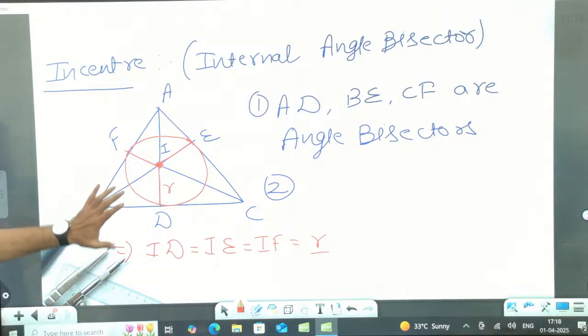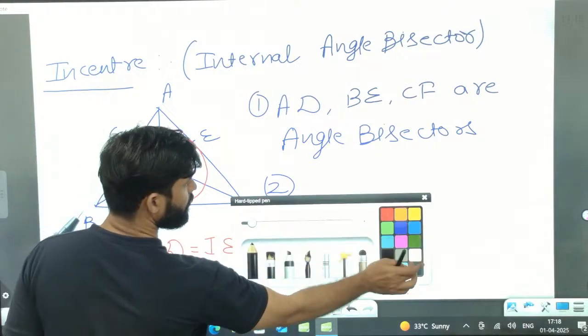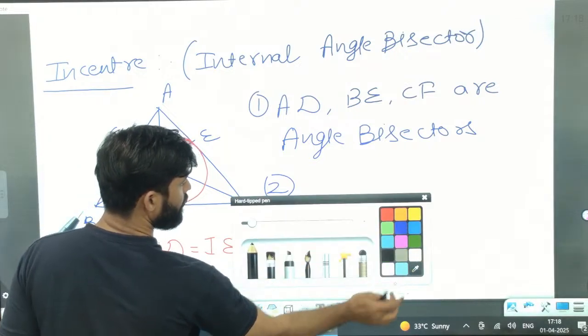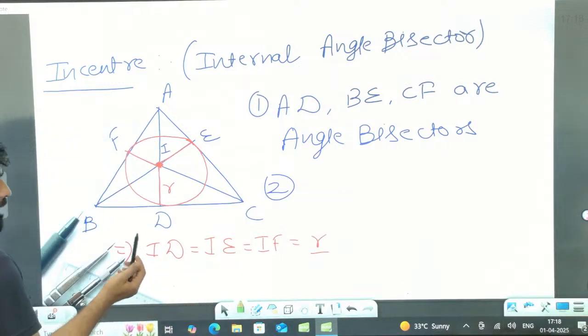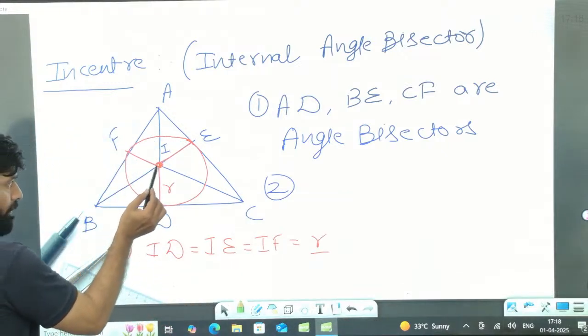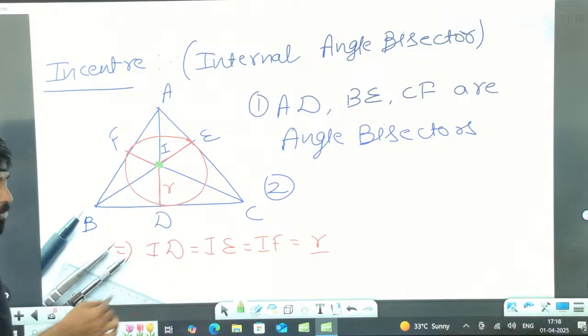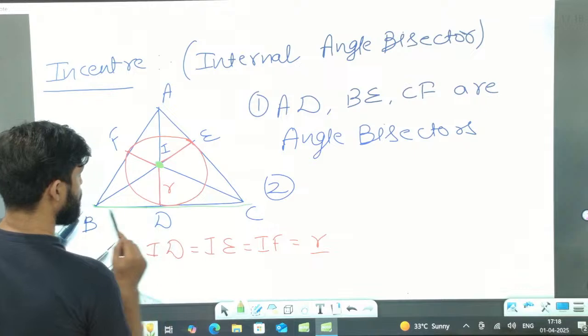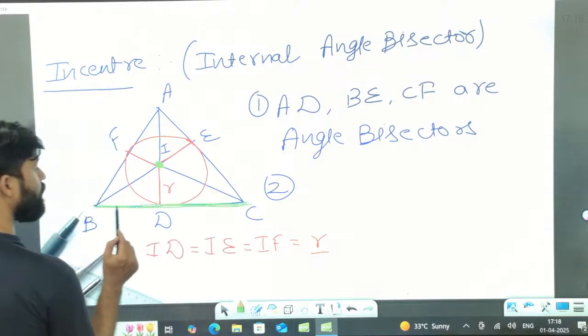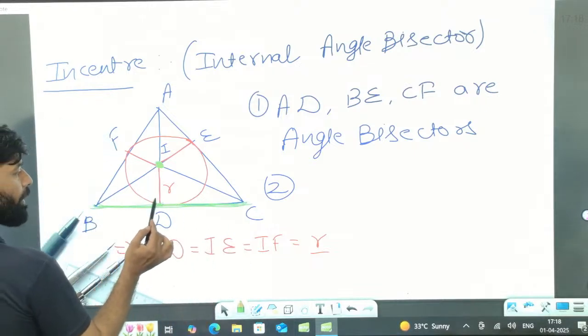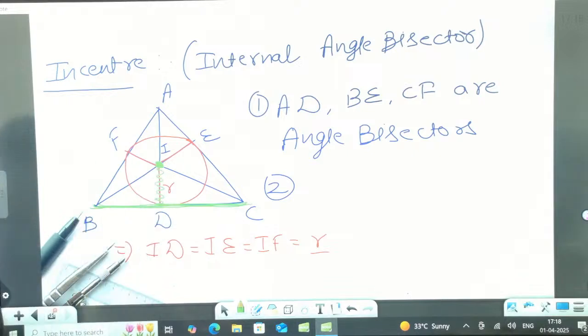Now let's try to understand this thing. He is saying that this center is equidistant from all the sides. So from this side, if I have to go to this center, I have to travel r.